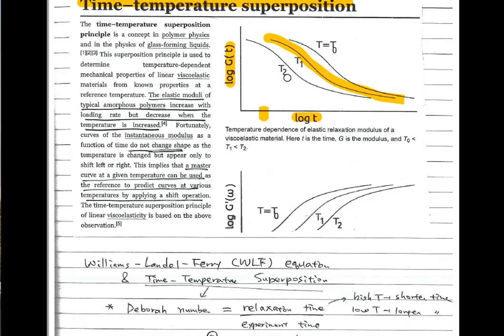And if you change the temperature, for example lower than T1 or higher than T2, it basically shows similar behavior.